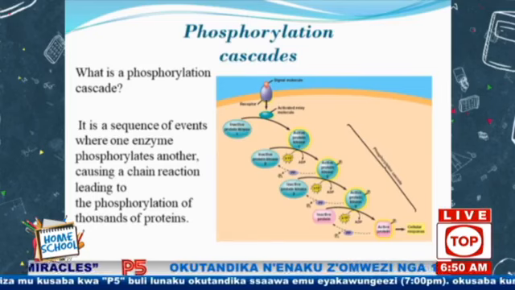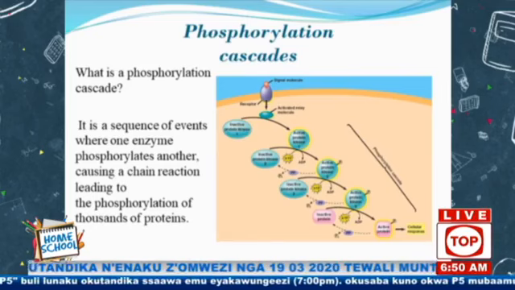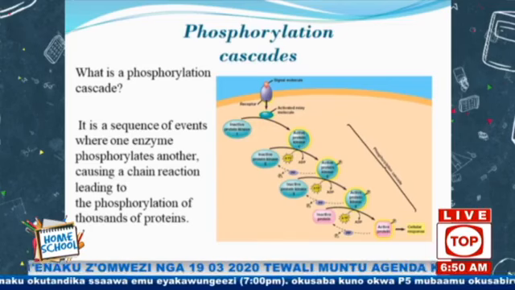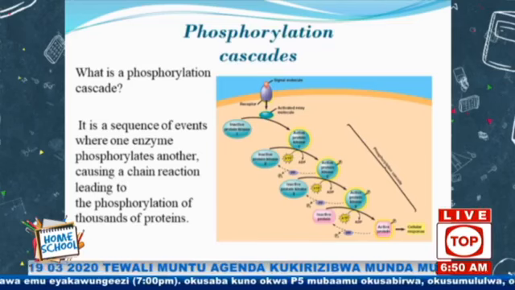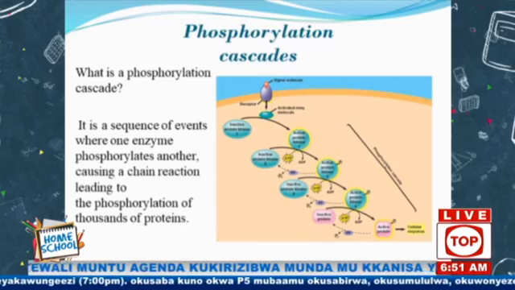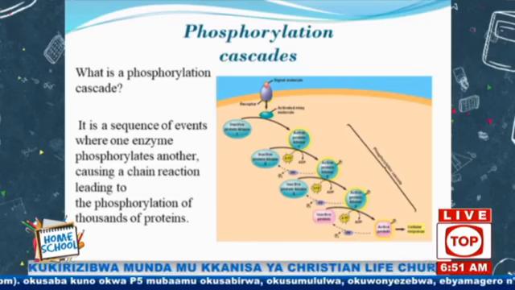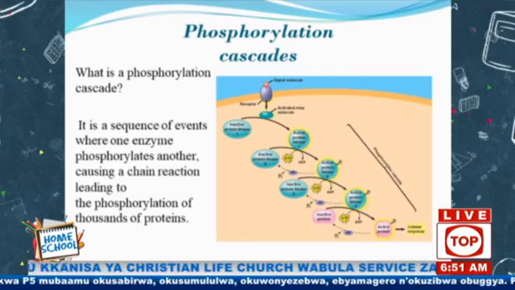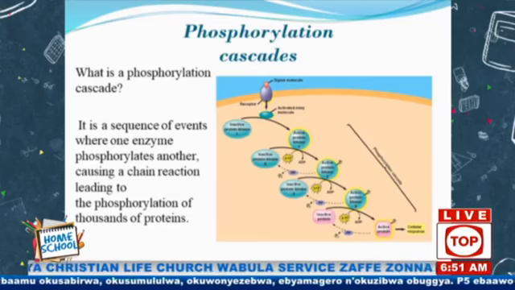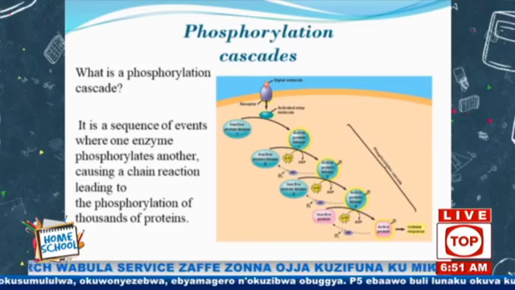Please let us look at that illustration right there. We have the signal molecule. When the ligand attaches on the signal molecule right there, we have the signal molecule releasing a relay protein.